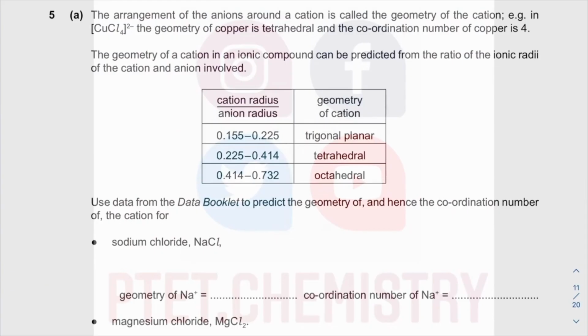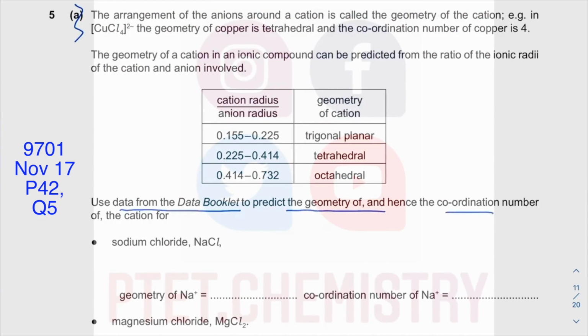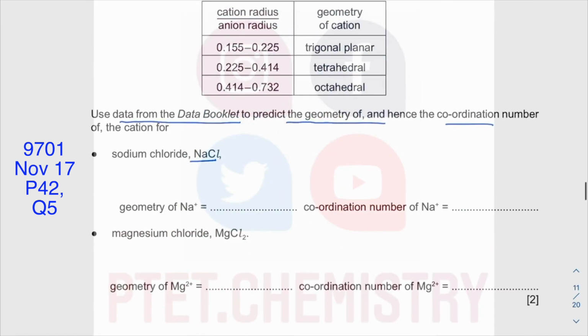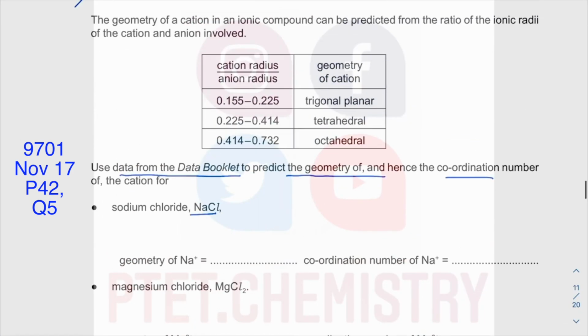So this next question is about transition metal chemistry. All right. They want you to use data from the data booklet to predict the geometry and the coordination number for sodium chloride. So they give you the cation radius over the anion radius ratio. So you really need the sodium and the chloride ionic radius, which you can get easily from the data booklet.